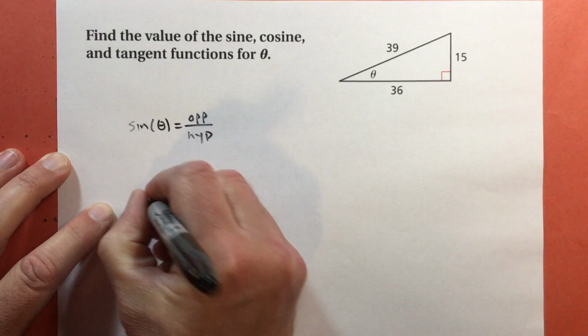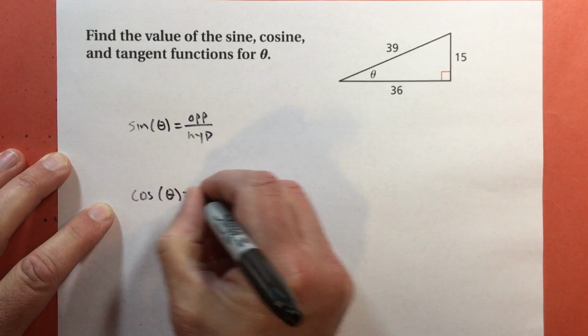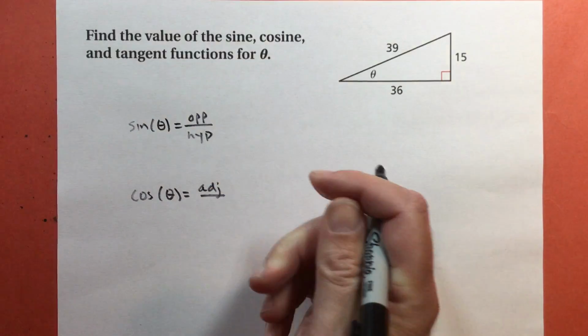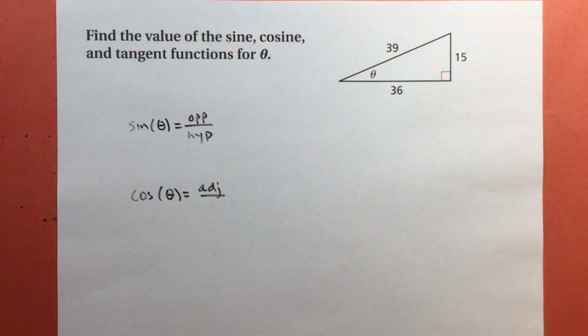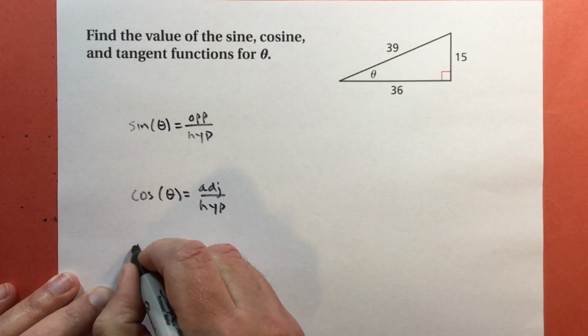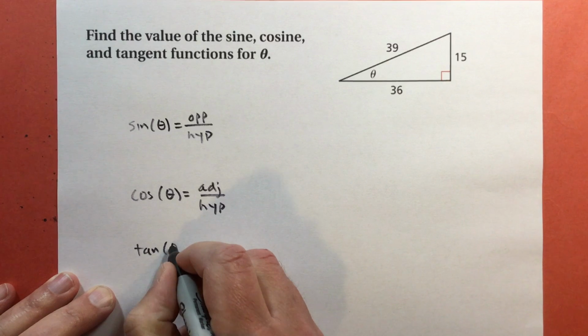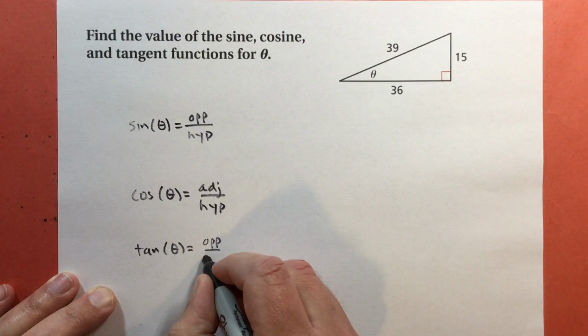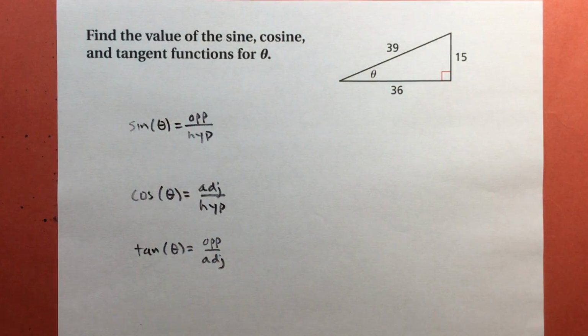And the cosine of theta is going to be the adjacent, I'll use ADJ, and again, that's usually what we do, over hypotenuse. And the tangent of theta is going to be the opposite side over the adjacent side.